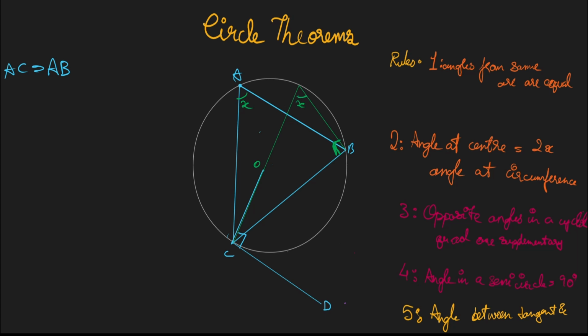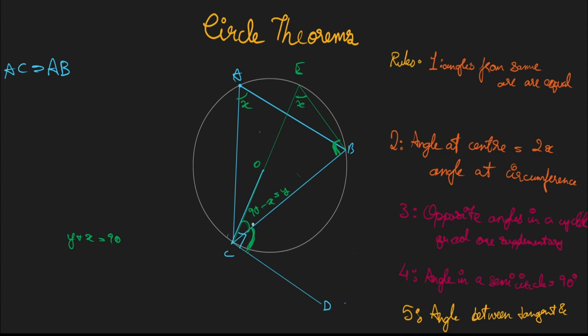So therefore, this angle right here, BCE, is 90 minus X, or let's say it is Y, so Y plus X is equal to 90 degrees, right? And we know that these two are equal, and this angle right here is 90 minus this part right here.